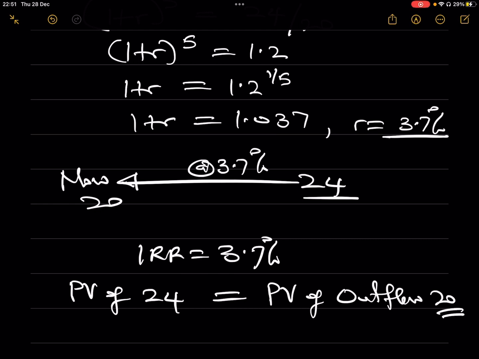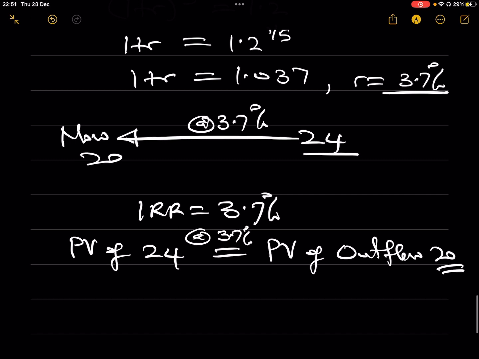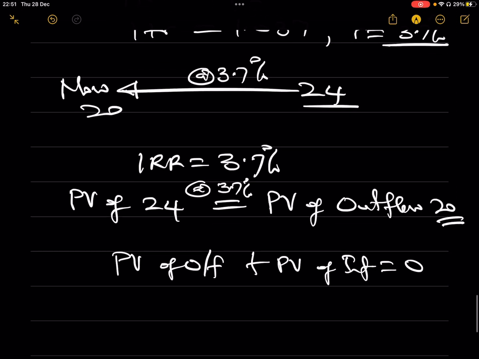So PV of 24 at 3.7% will be equals to 20. And in that case, if you do PV of outflow plus PV of inflow, it will be equals to 0, because that is what we refer to as NPV.